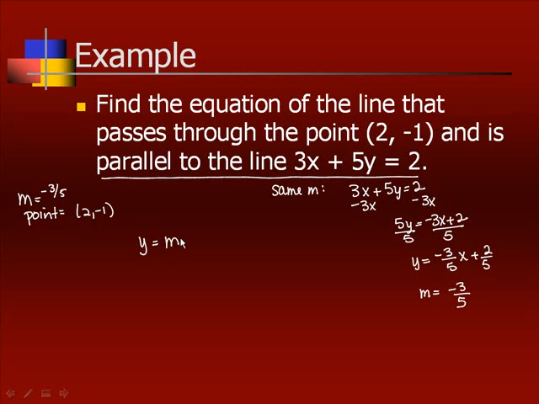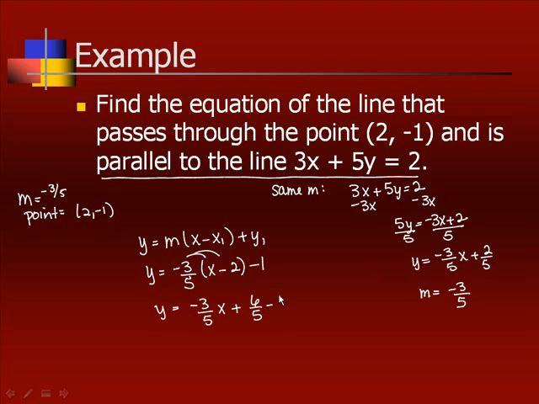So here we go, y equals m times x minus x1 plus y1. So y equals -3/5 times x minus the x value 2 plus the y value, which is -1. Distributive property, -3/5 x plus 6/5 minus 1.